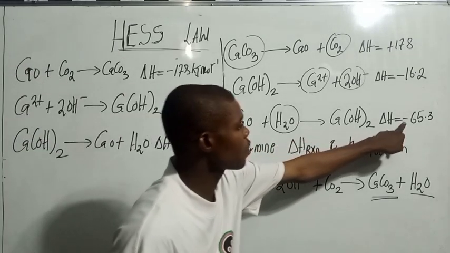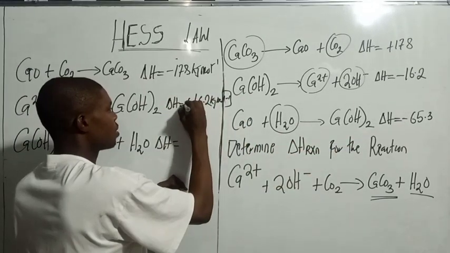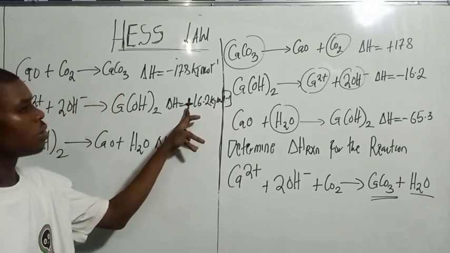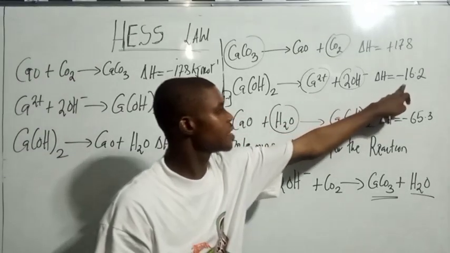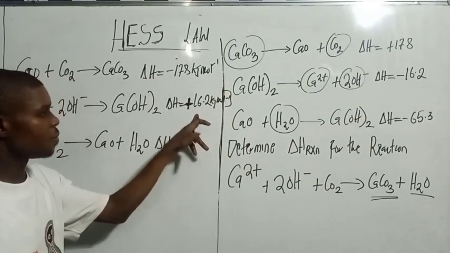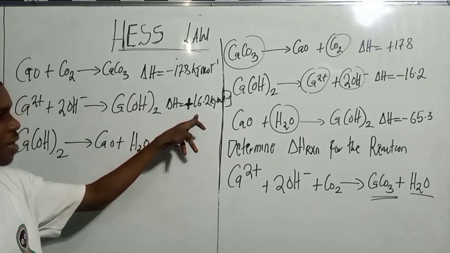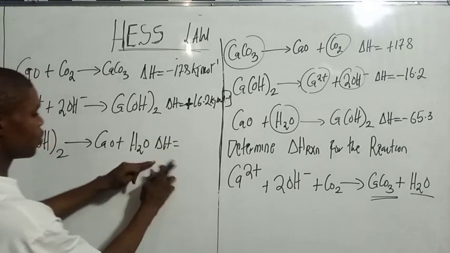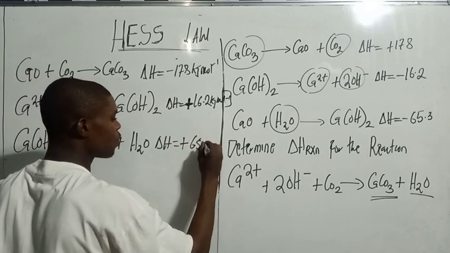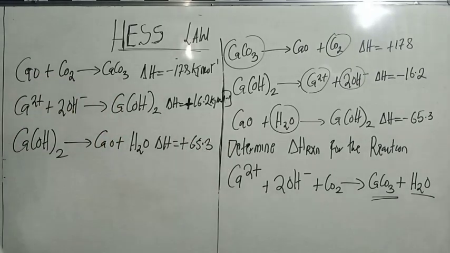Sorry, we have to put a positive sign here. Very important. Please don't make this mistake in the exam, right? Here we have minus 60.2. Here it's supposed to be a plus because you reverse it, right? Then this other one here, since we have reversed it here, we have to put plus 65.3. Can you see that?